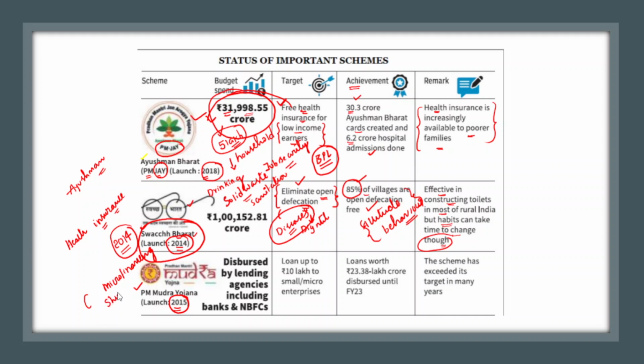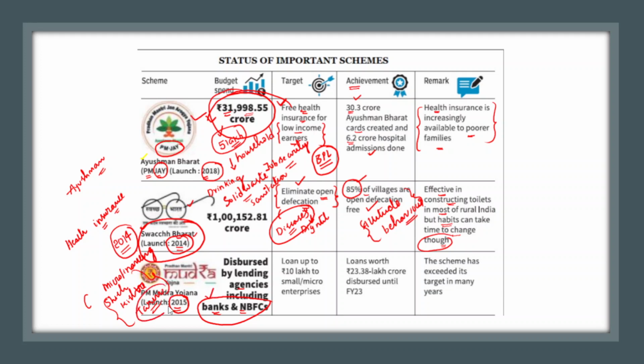They are Shishu, Kishore and Tarun. These are the three categories under which loans are provided for different categories of people. The loans are disbursed by lending agencies including banks and non-banking financial companies to the eligible beneficiaries.